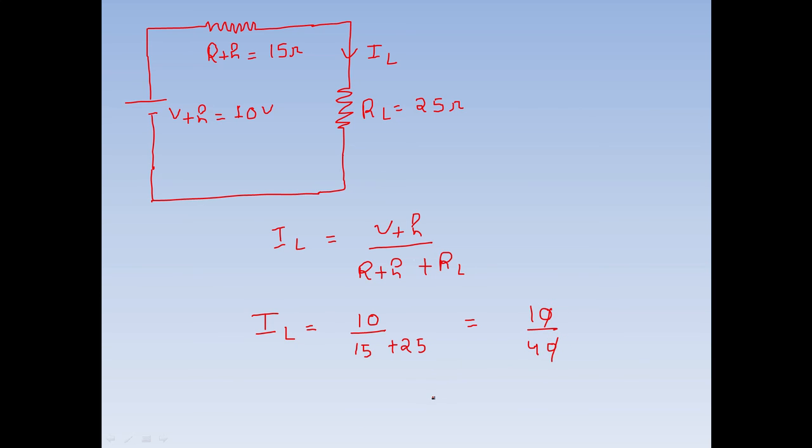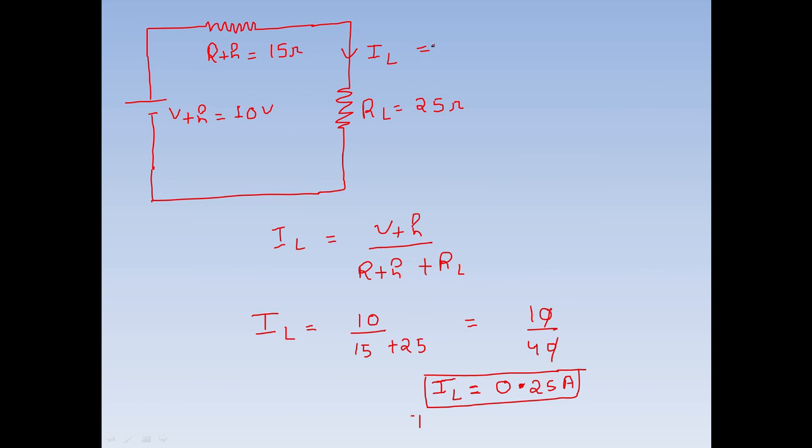So IL is equal to 0.25 ampere. The current across this load terminal is 0.25 ampere.